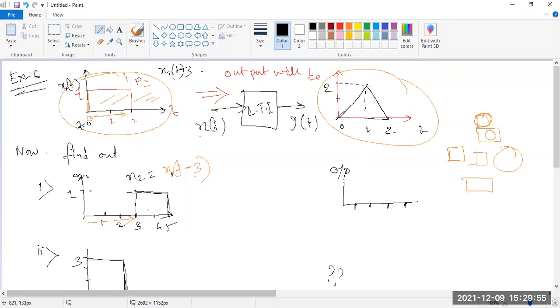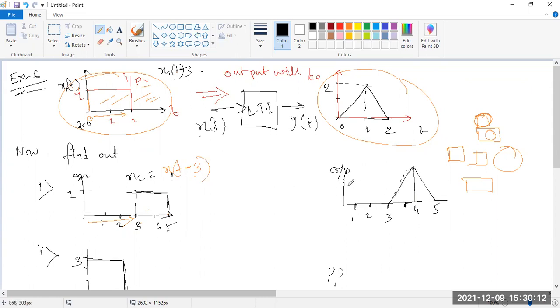Okay, so this origin will be 1, 2, 3. This is 3, this is 4, and this is 5.